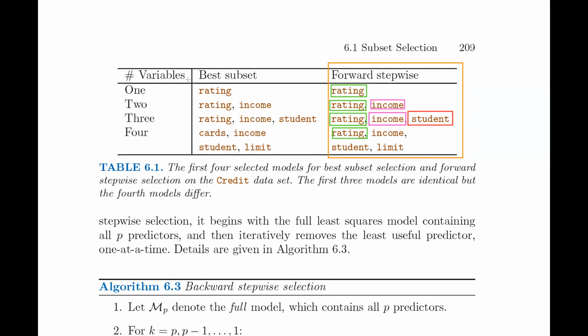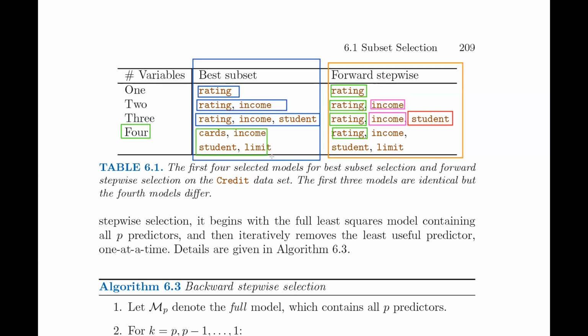Whereas in best subset selection, you would initially pick rating and then rating and income, and then rating, income, and student. When you come to picking 4 variables, apparently rating isn't that important. The information in rating might correlate in any case with perhaps income and limit, and then it's better to drop rating.